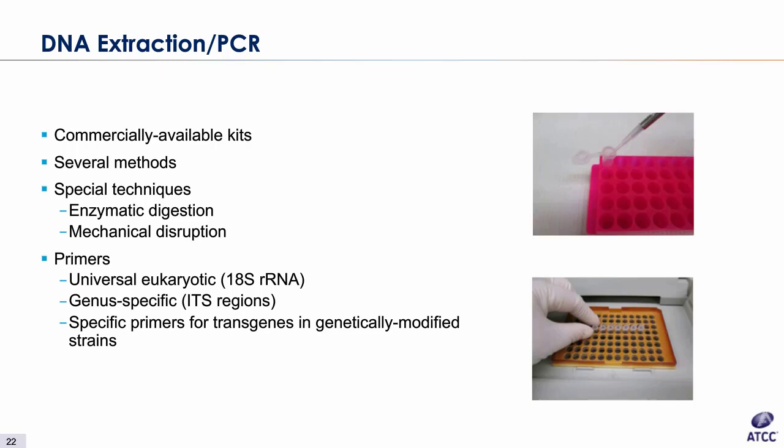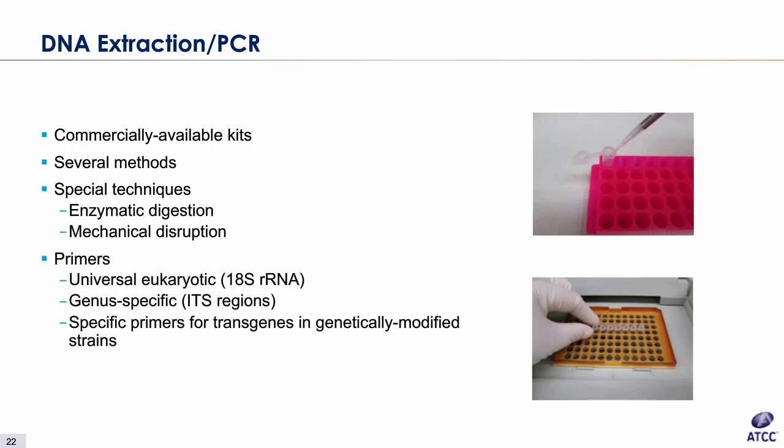There are several methods, and we've found over the years that we can tweak the existing methods to make them better, give us a better yield, or help when we're having difficulty with some of these problematic organisms. For example, the special techniques section says enzymatic digestion and mechanical disruption. I can tell you one organism that definitely applies to, and that's the Microsporidia.